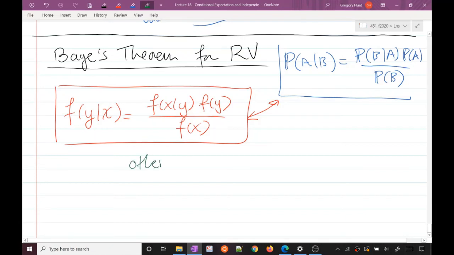So let me say other useful forms. Some other really useful forms is that I can multiply, and I can say that, for instance, f of... what do I want to say?